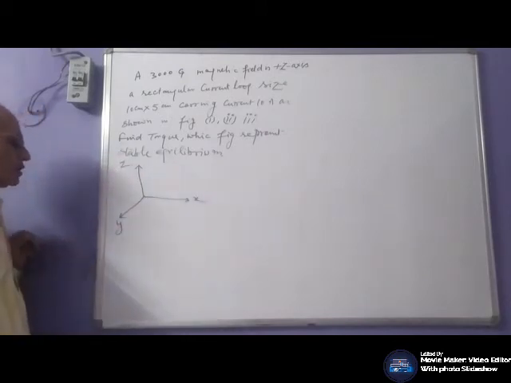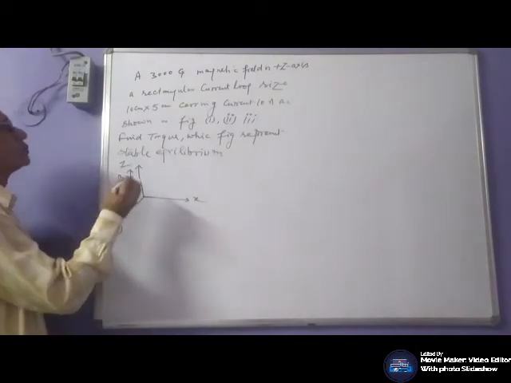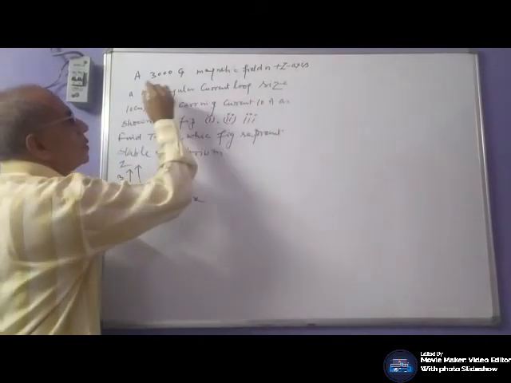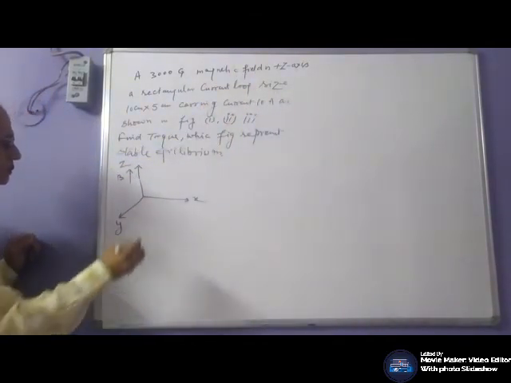X, Y, Z axis. This is the direction of B. Magnetic field is along the plus Z axis.